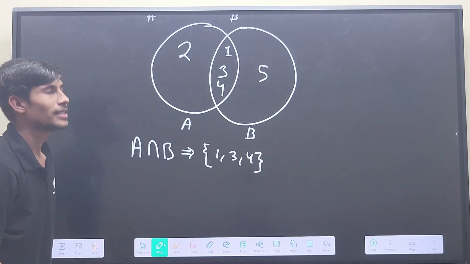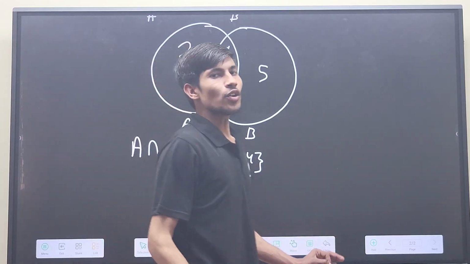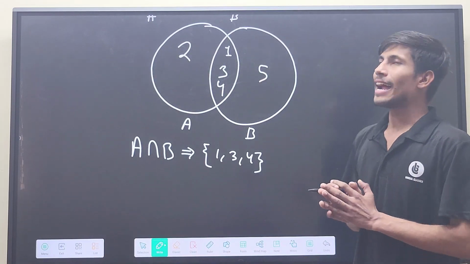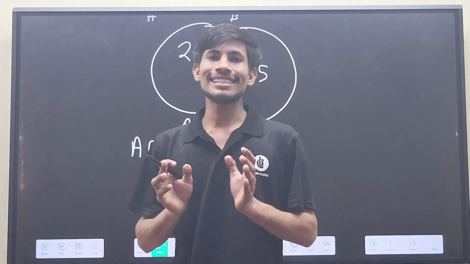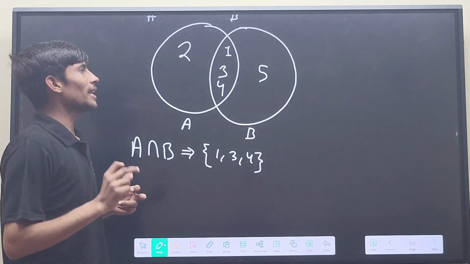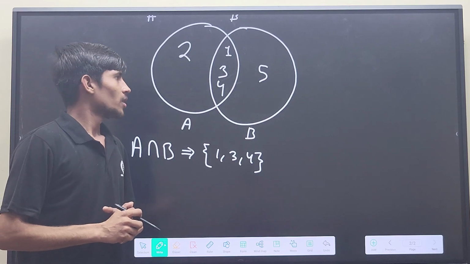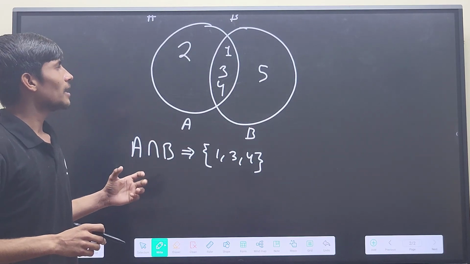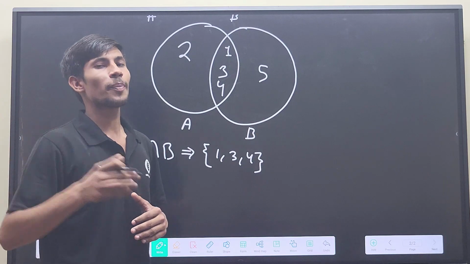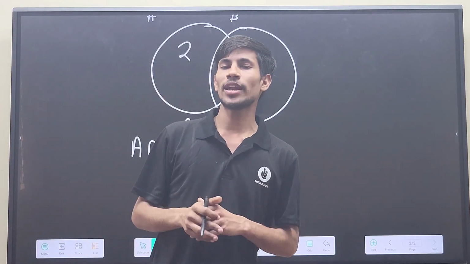Yes. So I hope it is very clear that the intersection of two sets contains only the elements which are common in set A and set B. Okay, so note down. I will tell you the next operation that we can perform on sets.